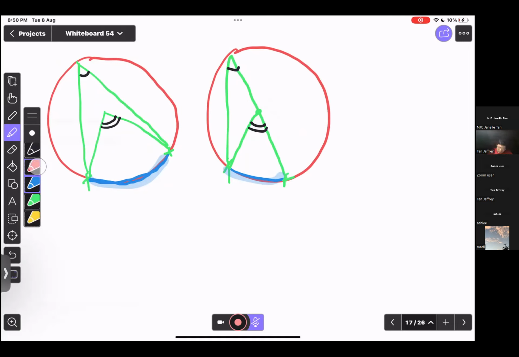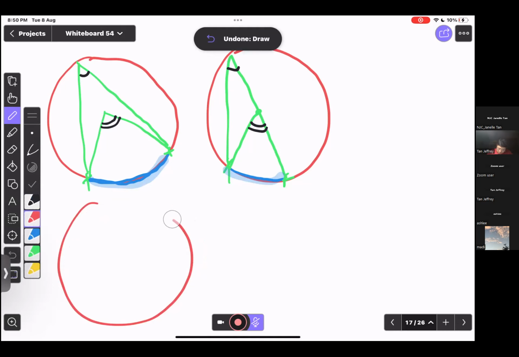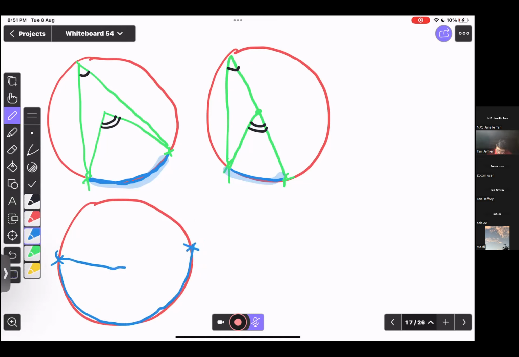If I extend this circle even more, for example, this arc itself can also be very, very big, and the endpoint of the arc can still shoot an angle to the center.